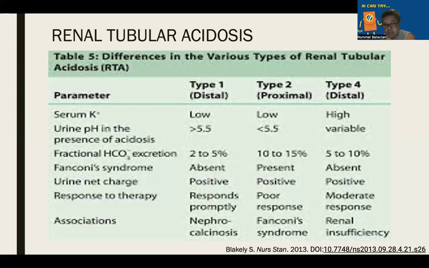So that explains the elevated serum potassium in these cases. It does not affect yung ability to acidify urine. So the urine pH is usually less than 5.5. It has a milder acidosis as compared to the two previous ones.